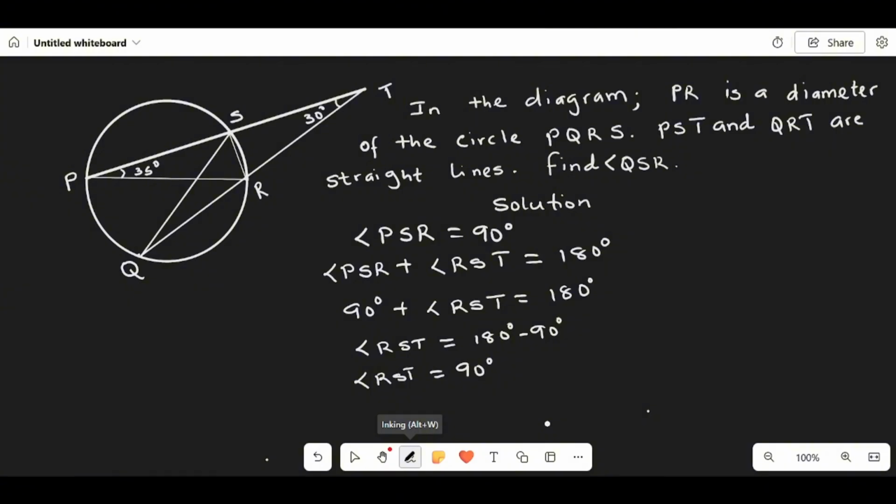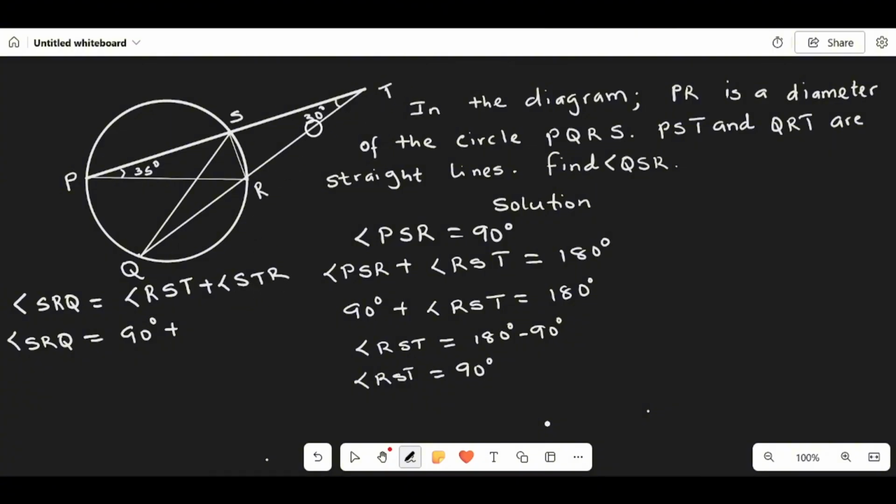So angle SRQ equal to angle RST, which is 90 degrees, plus angle STR.